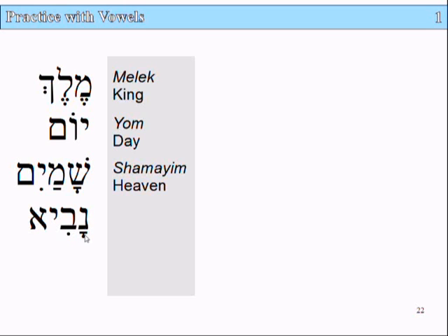So it's na, v, and that's a v, but because it's followed by a yod, it becomes an e sound, and the aleph is silent, but it kind of lengthens the e sound, so it just makes it a bit longer. So it's Navi.